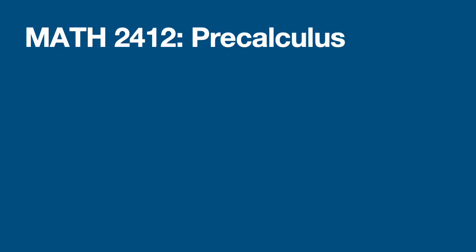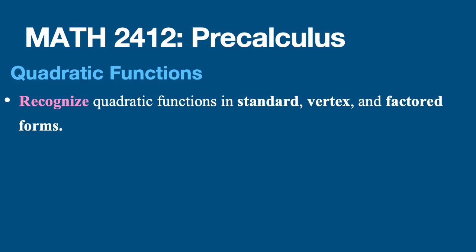First, we're going to study quadratic functions. Here are a couple of characteristics about quadratic functions. Before we discuss the characteristics, we should recognize quadratic functions in three different forms: standard form, vertex form, and factor form.